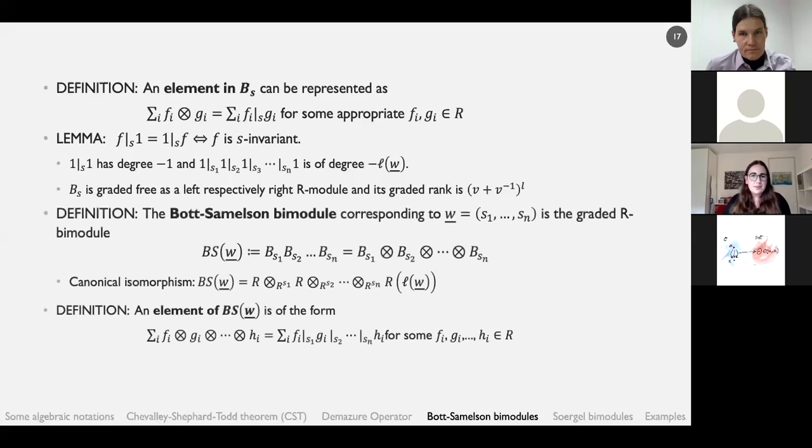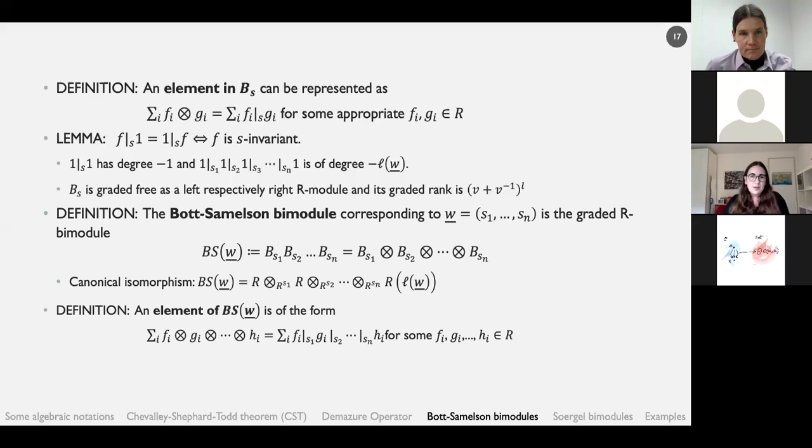The Bott-Samuelson bimodule corresponding to an expression w is denoted by BS of w, and this is the graded R module that is given by the product of all BS_i. We usually don't write the tensor product, but we always mean that it's an iterated tensor product of all the bimodules BS_i.